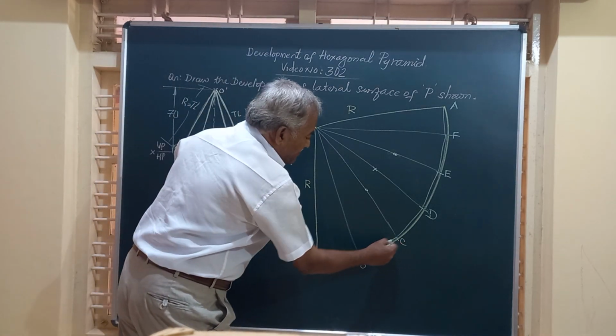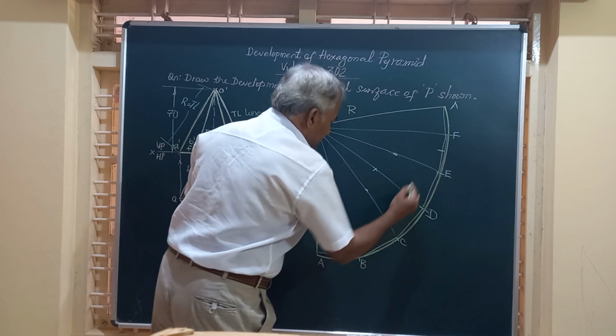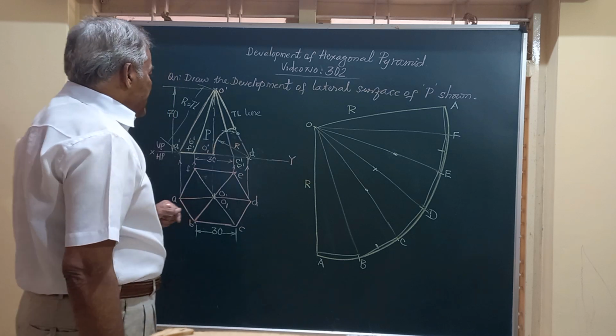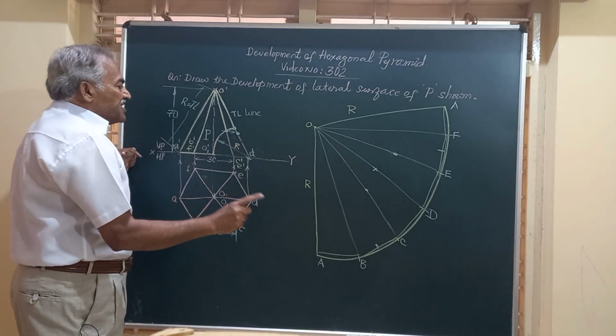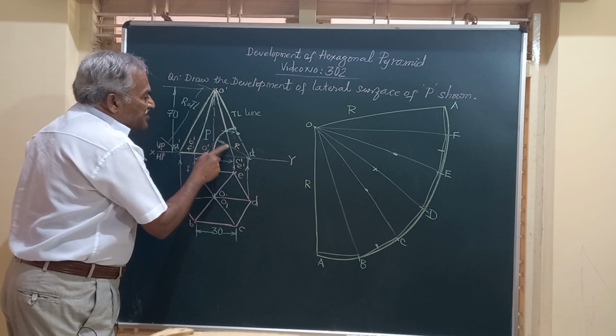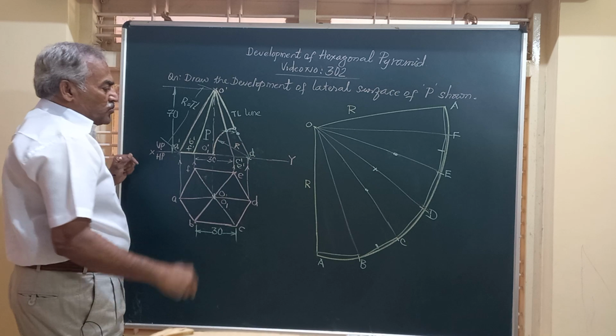So exactly between FE, I just mark a point, and exactly between BC, I mark a point. And friends, these are the only points you have got. 2 on the base, 2 on the slant edges OC and OE, and 1 point here on OD.